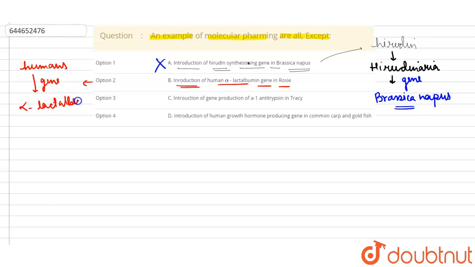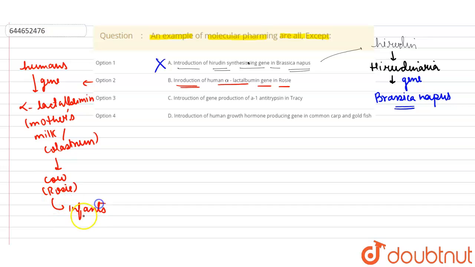This compound is commonly present in the mother's milk, or the colostrum. The gene is introduced into a cow named Rosie in order to produce this milk for infants who do not get mother's milk. So this is an example of molecular farming, therefore it can't be the correct option.